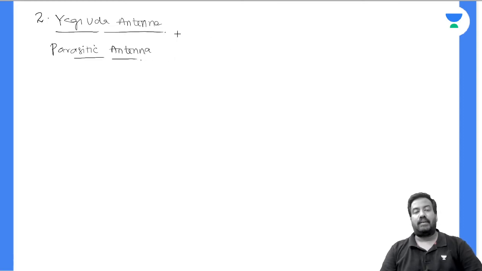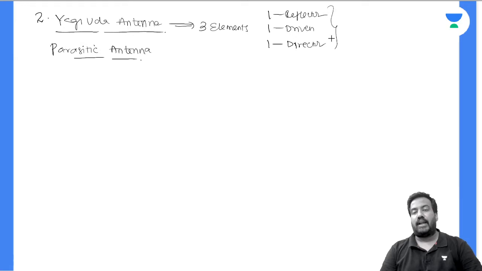A simple Yagi-Uda antenna contains three elements: one reflector, one driven element, and one director. This kind of Yagi-Uda antenna is also called a beam antenna.